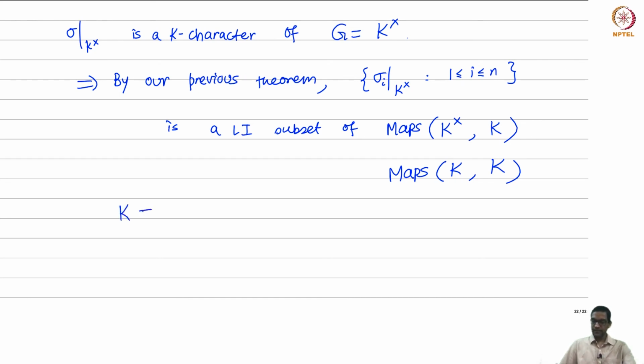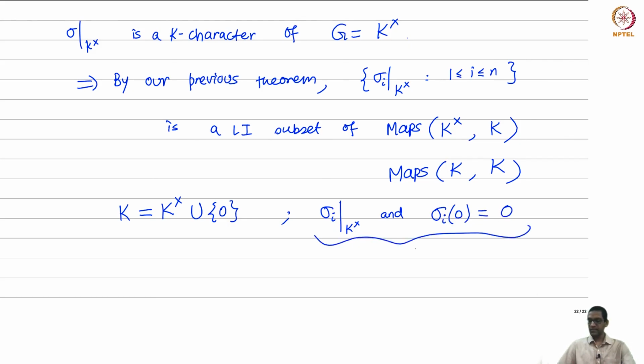K is just K cross union 0, and therefore if I know sigma_i on K cross, then I know sigma_i completely, because sigma_i of 0 is certainly 0 because it's a homomorphism. So these two determine sigma_i.